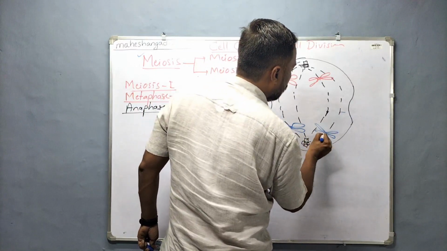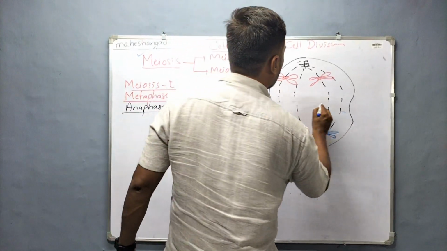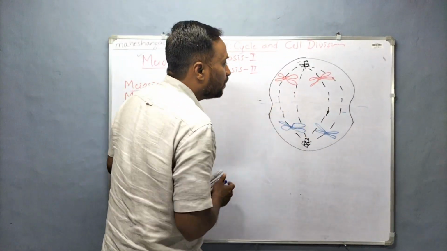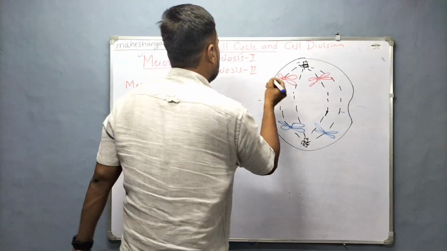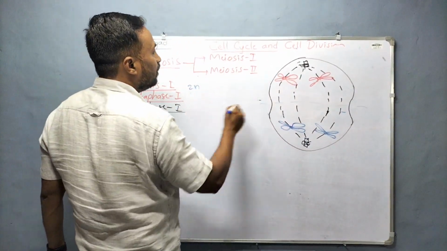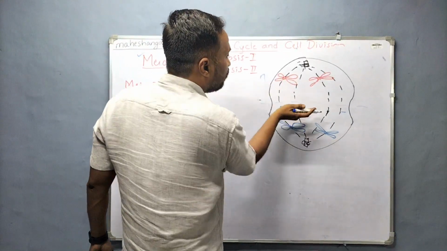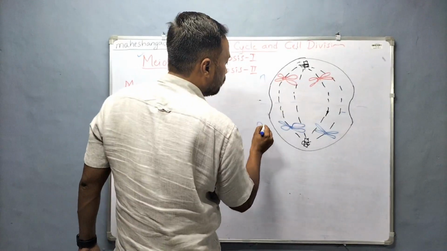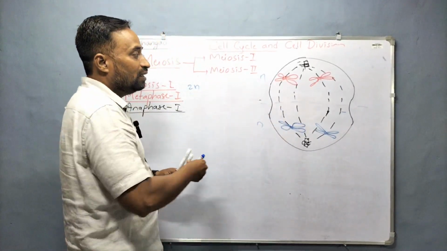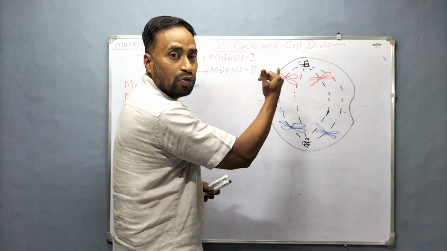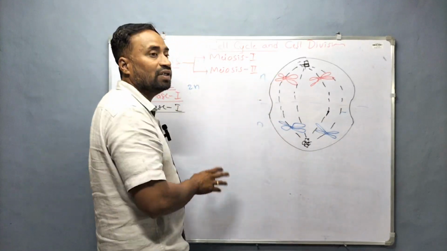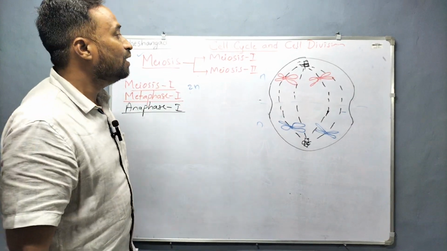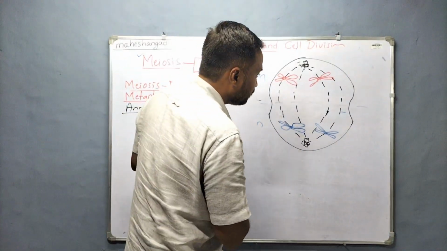That is why the chromosome number reduces to half. If the parent cell is 2n, half of the chromosomes move towards one pole and half towards the opposite pole. This is the reason the chromosome number reduces to half. That is why meiosis 1 is the reductional division.